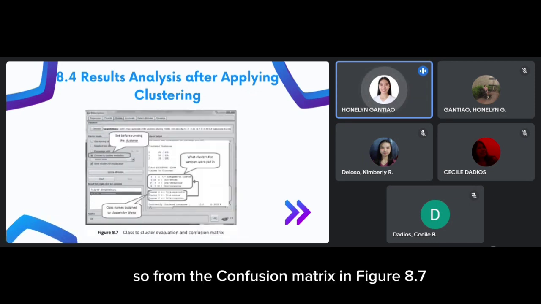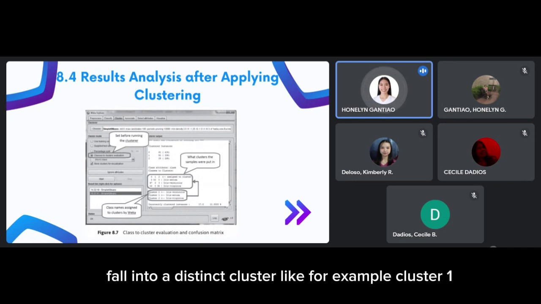So from the confusion matrix in figure 8.7, it can be observed that all the Setosa fall into a distinct cluster, for example cluster 1.